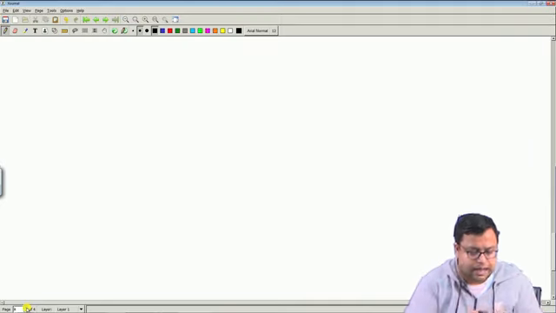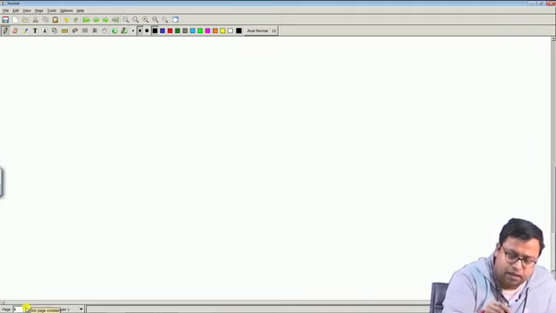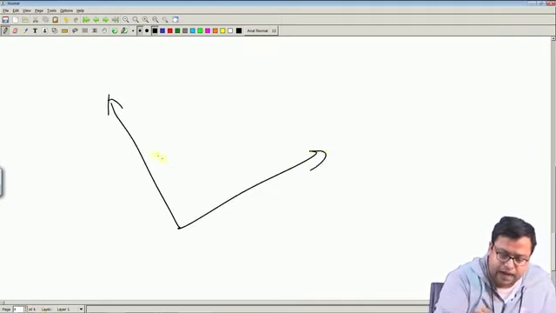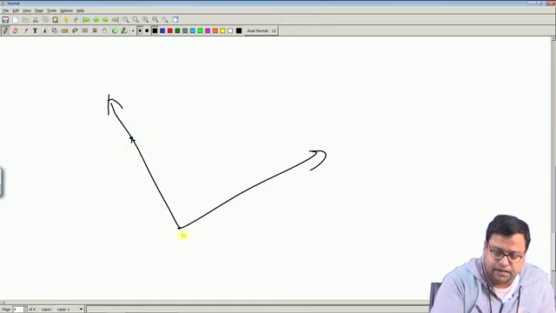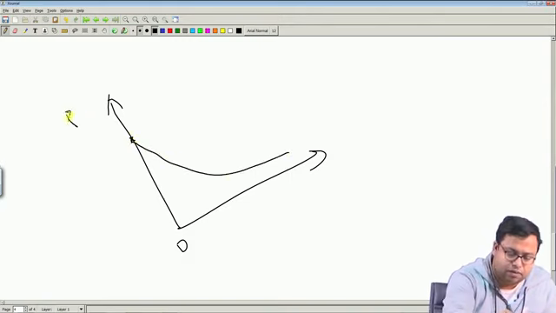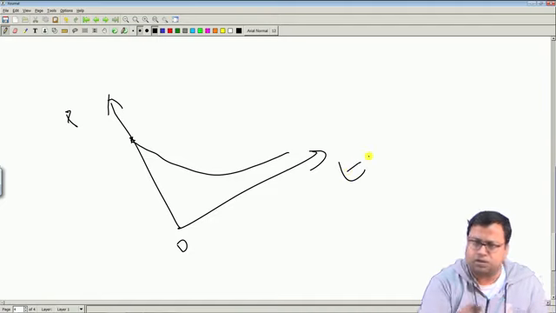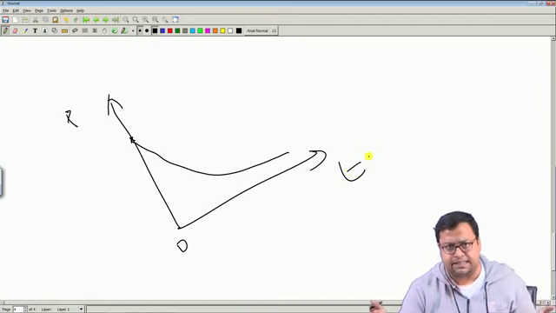Normally the probability of living is high at time 0. Slowly, as you go on aging, the probability drops. Fair enough, this is the probability of living, this is time. Slowly it goes down, makes sense.